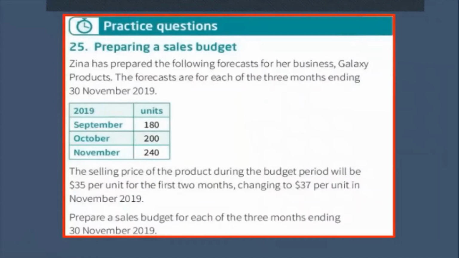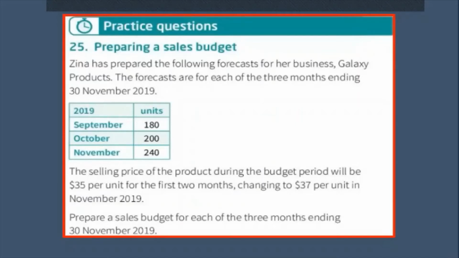All right. So I have here a practice question for you. You're not going to do it now, but at the end of the session, I'll put this up in the Google Classroom. Zena has prepared the following forecast for her business, Galaxy products.